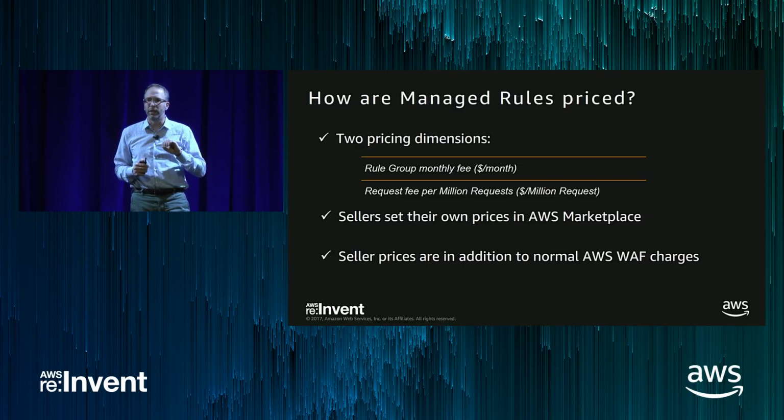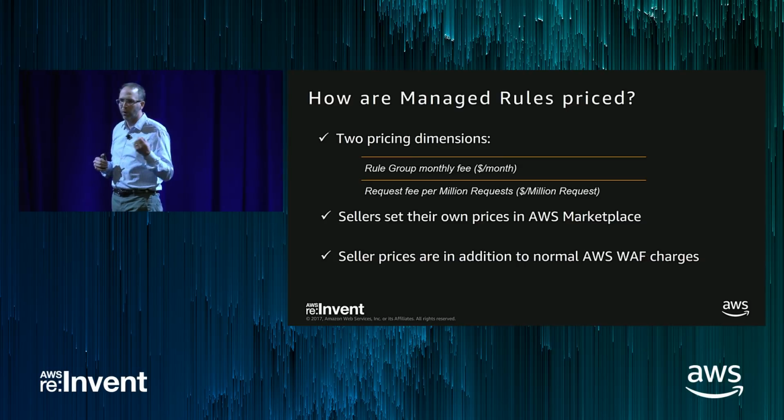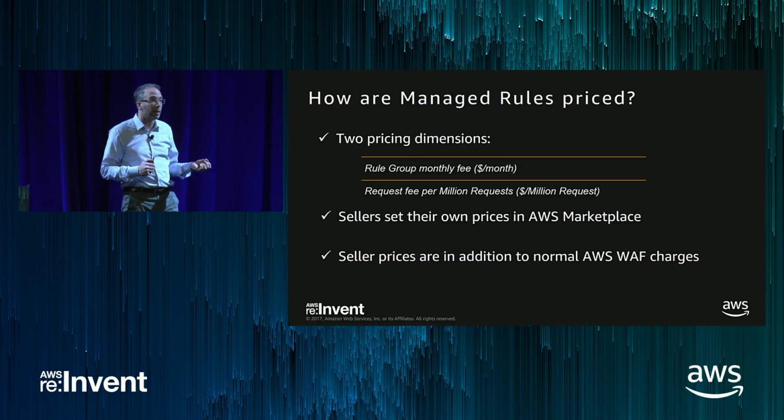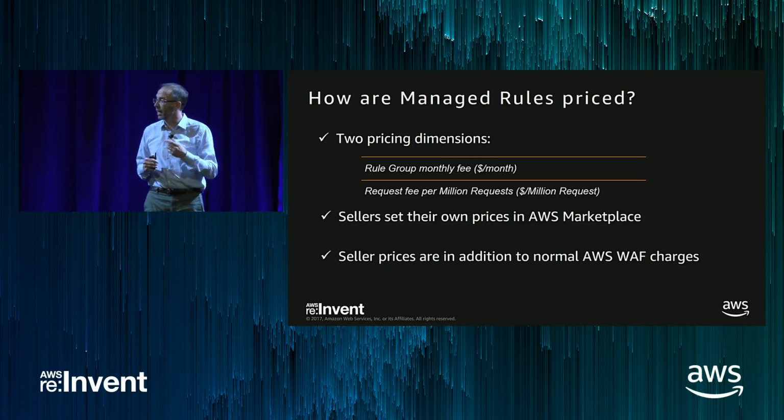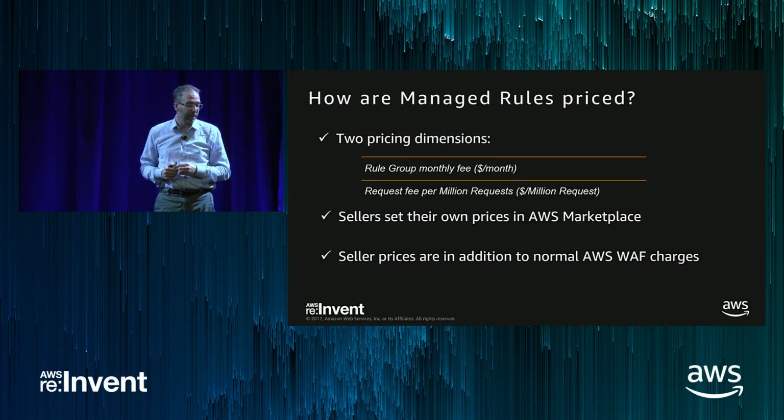So again, you could enable a managed rule set, try it out for a day, and then decide you don't want to use it. And you would only be charged essentially for that day, both on the rule fee, but also for however many requests came through that rule set while you had it active.